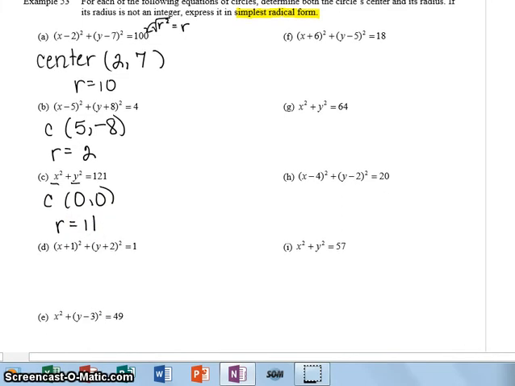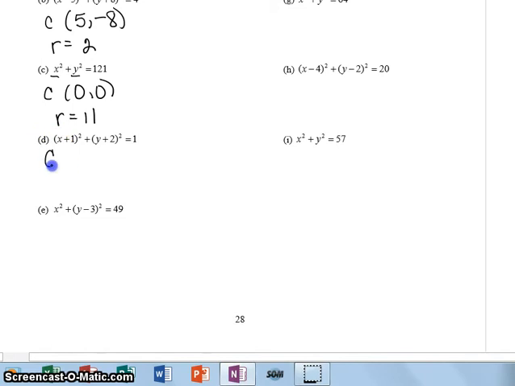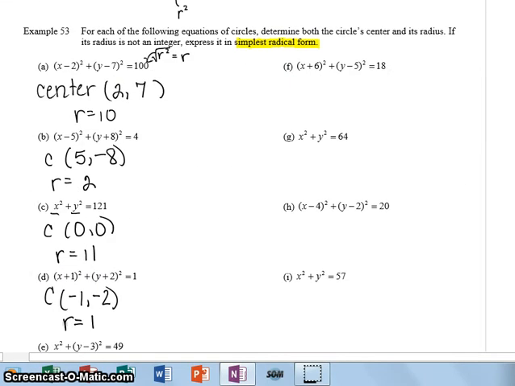Part D. The center is negative 1, negative 2. Radius is equal to 1, because the square root of 1 is 1. The center is 0, positive 3. Radius is 7. Back up to the top here, part F.